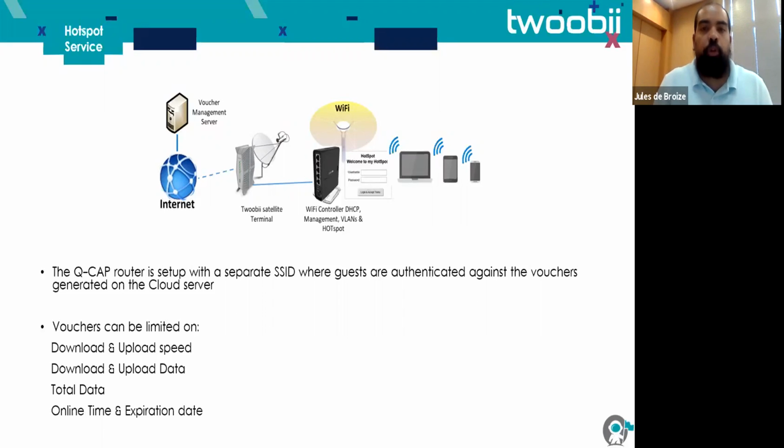You could run your hotspot on this public IP and have your business data completely separate from the hotspot feature. You would just connect to your specific internet or your admin Wi-Fi, and you would carry on as normal. And then everyone who connects to the hotspot Wi-Fi will run through this process.